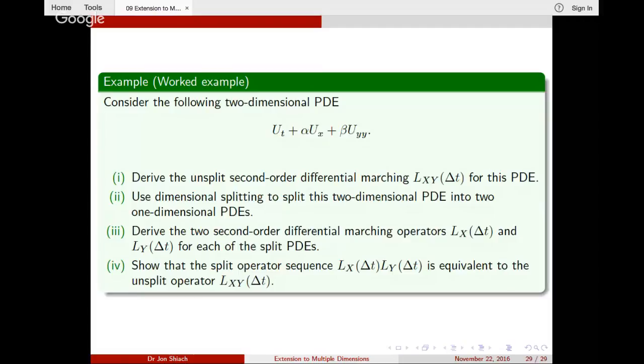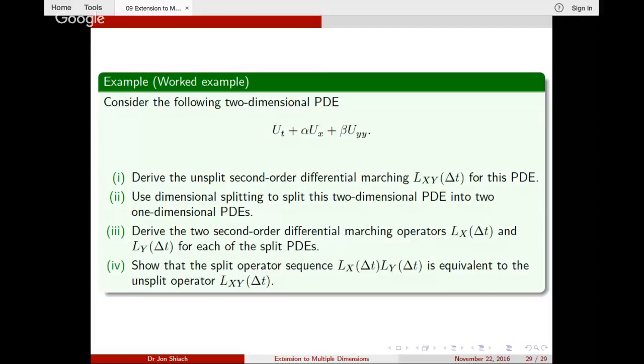So that's the unsplit marching operator. What I'm now going to do is split the PDE, have a look at what these split operators are, and check whether if we combine those split operators, we get this, which is what we want, because then we can split the problem. So on that third line, you put the U out at the end.